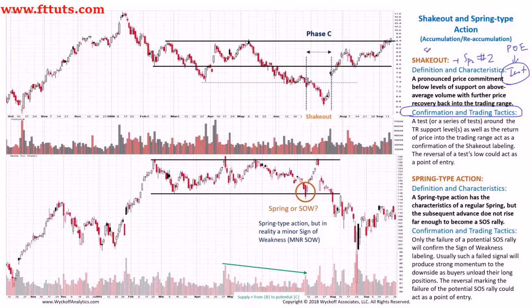Well, because both are going to be associated with the increased supply signature. And if supply is increasing, we always want to have some kind of test. And this test always should come as a higher low and on the diminished supply signature. That way it would be a successful test.